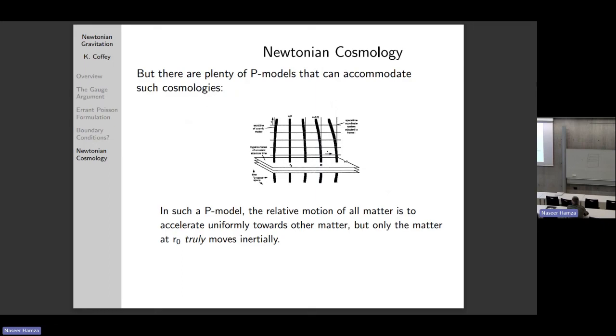What it means is that there are going to be a lot of empirically equivalent models, one of which is going to be the correct one. But I'm unconvinced that that is as problematic as people make it out to be.